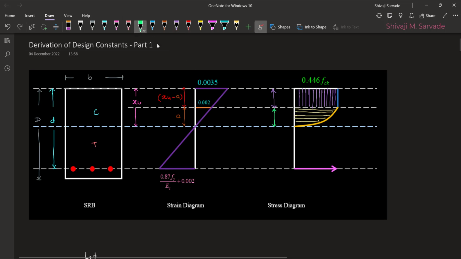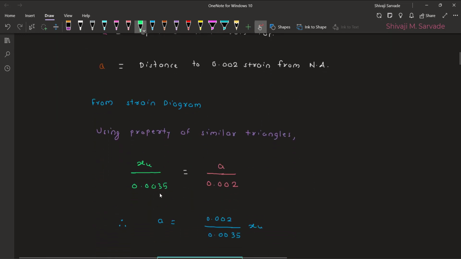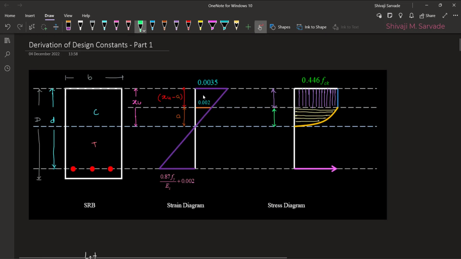One single triangle will be XU divided by 0.0035, and there is another small triangle which will be A divided by 0.002. So if I rewrite the same, it is XU divided by 0.0035, which is equal to A divided by 0.002. This is from the strain diagram compression zone triangle.